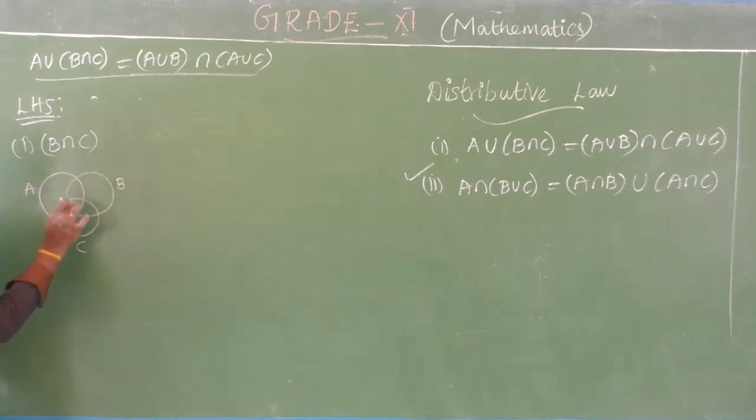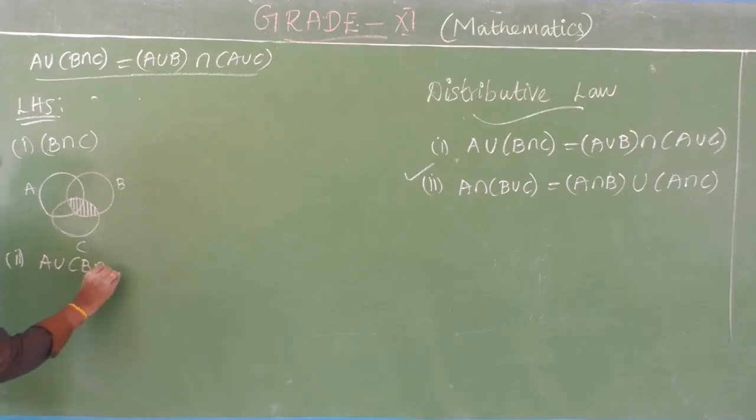This is the circle of B, and that one is the circle of C. We need to consider what is the common place for B and C. So this is the common place for B and C.